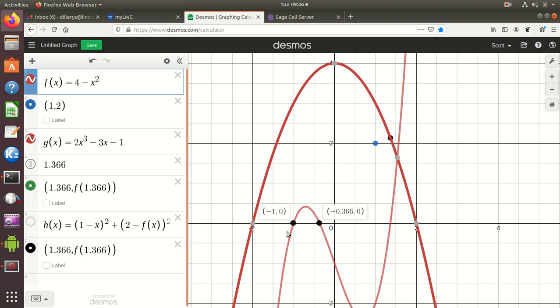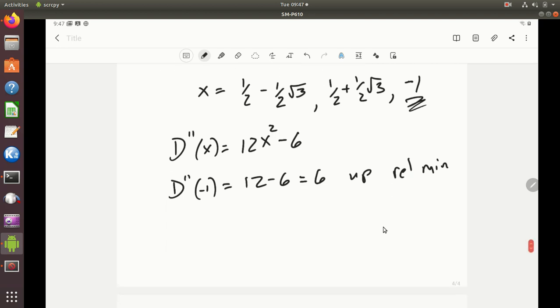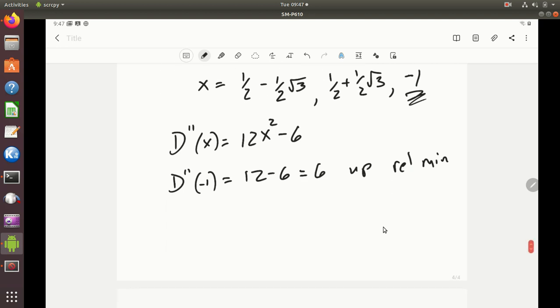That's the tough thing. After you make one mistake, it's easy to think you've made more. But no, I did not make a mistake on this. That is concave up. That is a relative min. Oh, okay, so that's a possibility. All right, there's a relative min.